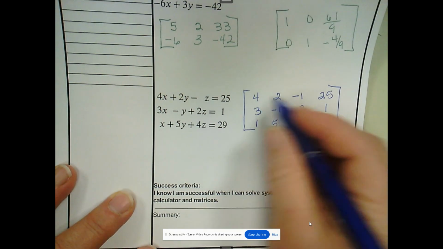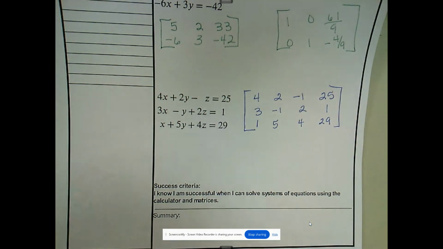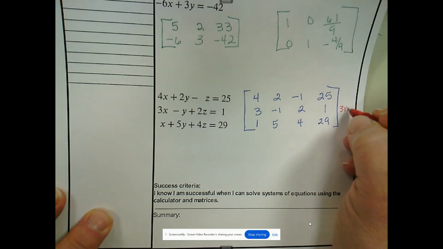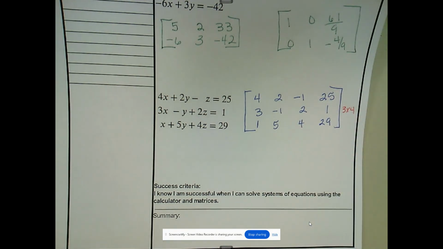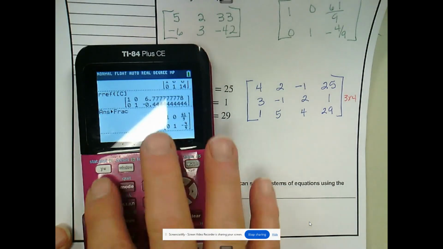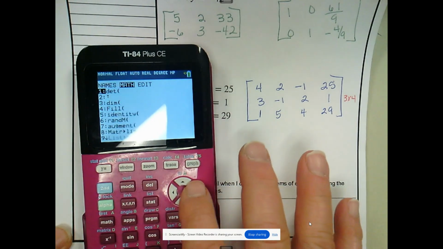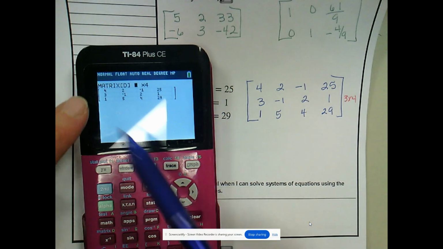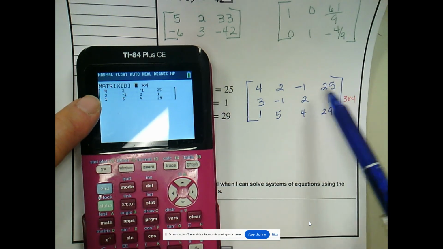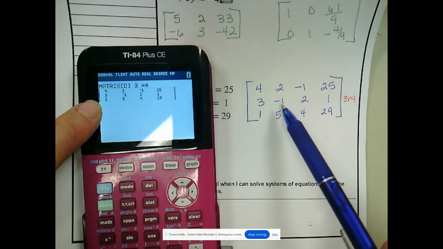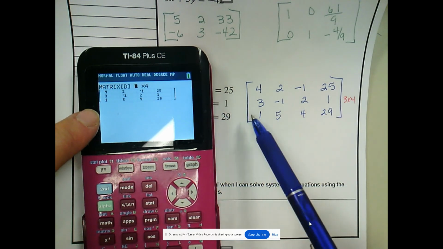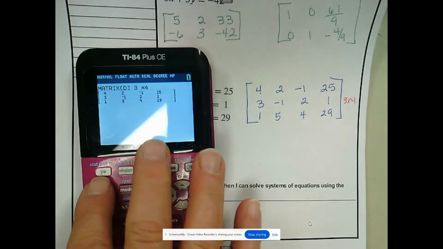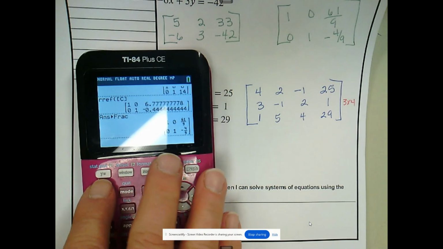Remember, this is a 3 by 4. I've already got it inputted into D. 4, 2, negative 1, 25. 3, negative 1, 2, 1. 1, 5, 4, 29. So I get out of that screen, second mode.